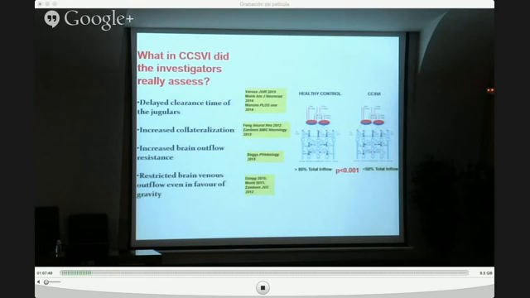To the contrary, in CCSVI condition, more than 50% of the inflow is drained by the collateral circulation. Increased brain outflow resistance, and also restricted brain venous outflow even in favor of gravity.